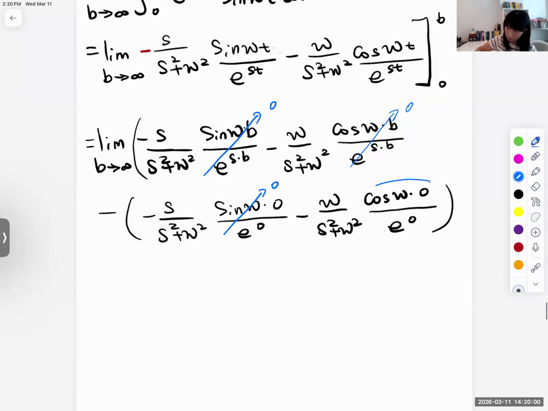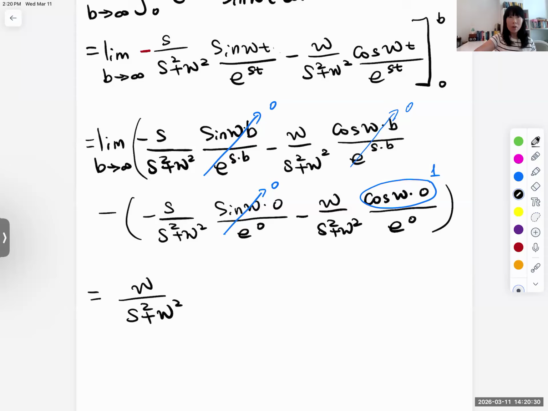So this is 1. So we get negative, negative, which is positive. So the answer will be positive omega over s squared plus omega squared. That's it. Times 1, which is 1, right?